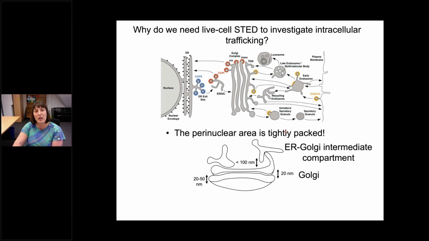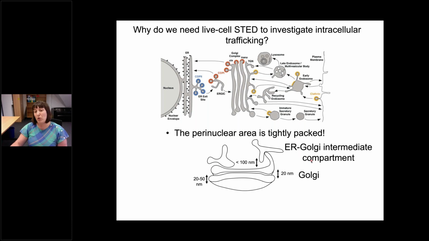In particular, why do I need to go through the trouble of doing live-cell super resolution microscopy to investigate intracellular trafficking? What is very important to know, also for the non-cell biologists in the audience, is that while this is just represented as a scheme, all these organelles are tightly packed in the perinuclear area of the cell. Perinuclear means the area next to the nucleus.